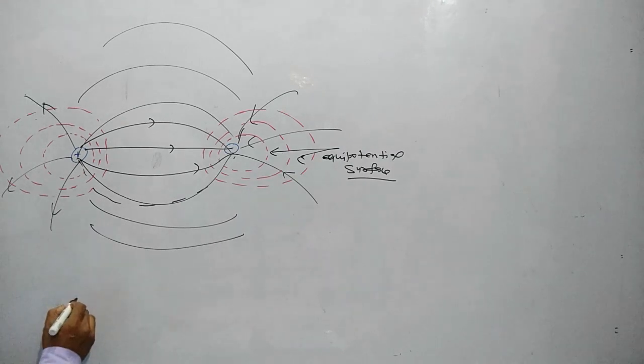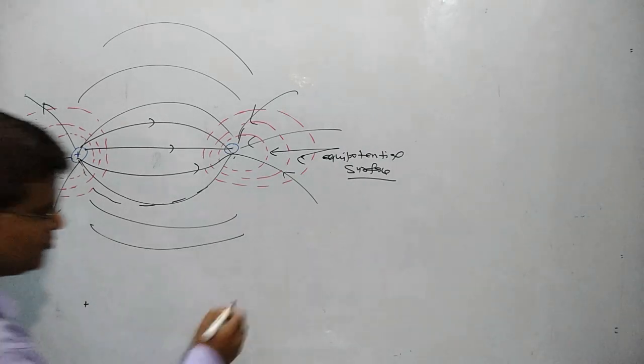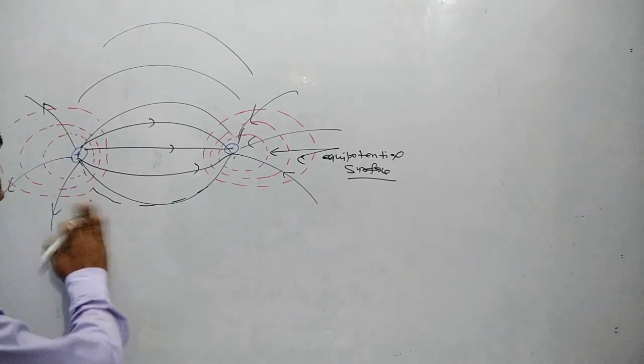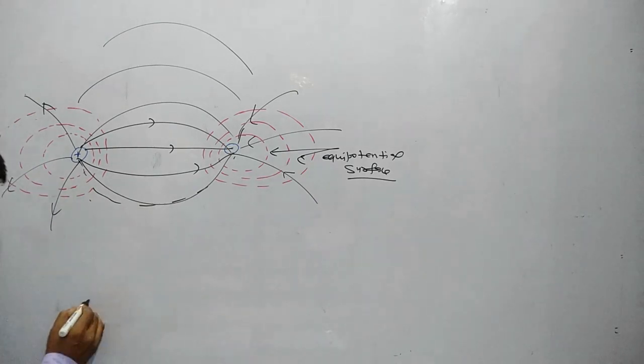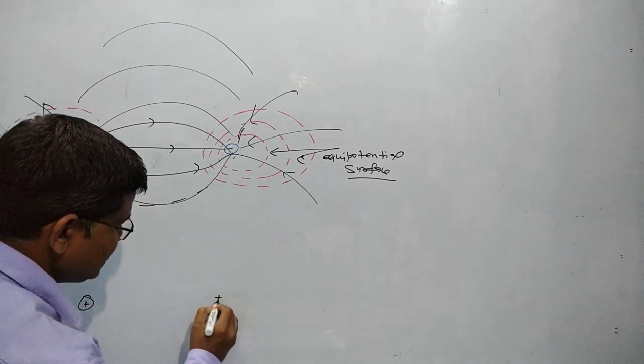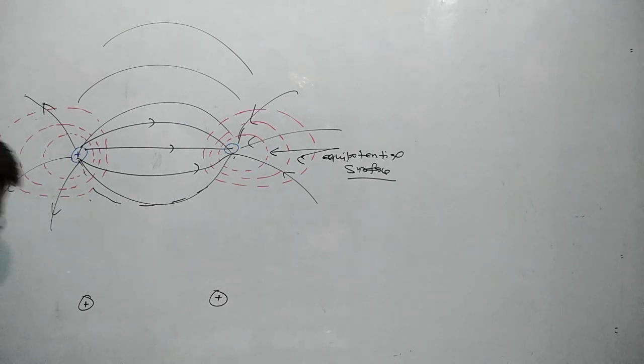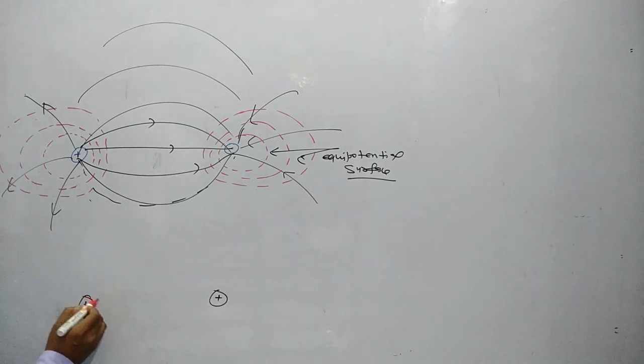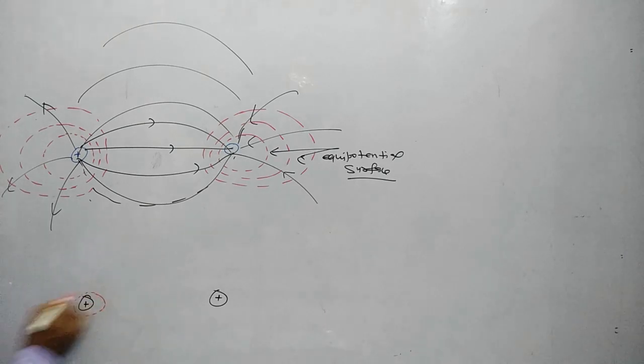For two positive charges, this is a positive charge and this is a positive charge. For two positive charges, the equipotential surface is denser on the left side and lesser on the right side, opposite to the above.